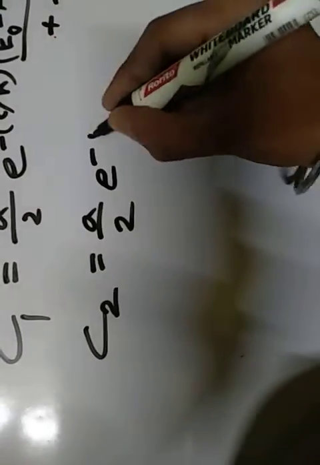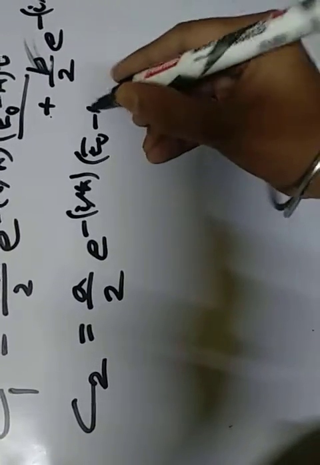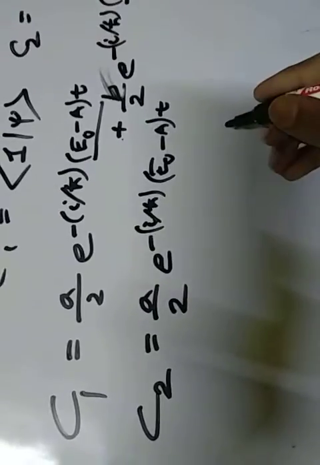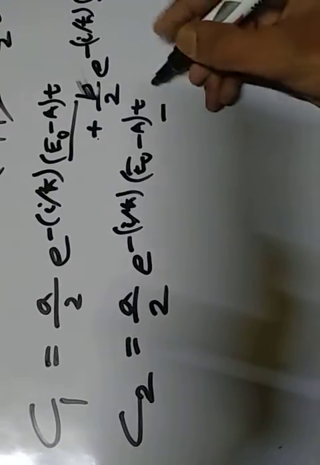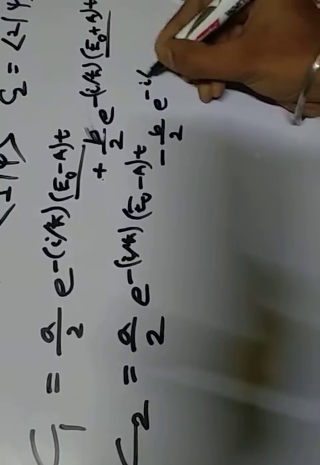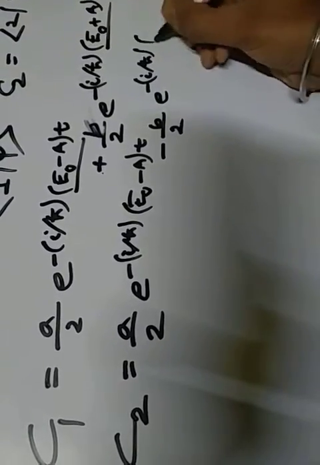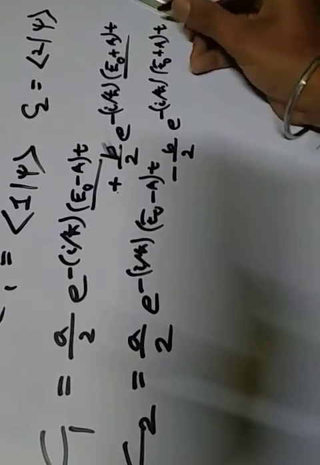Now C2, what will be the terms? C2 will be a similar one, but with a slightly different perturbation. See, here it will be minus b/2 e to the power minus i/ħ (E0 plus A) t.